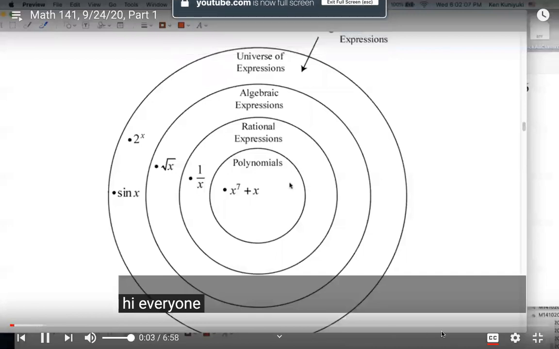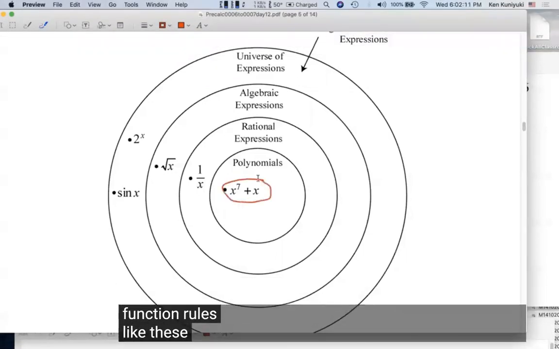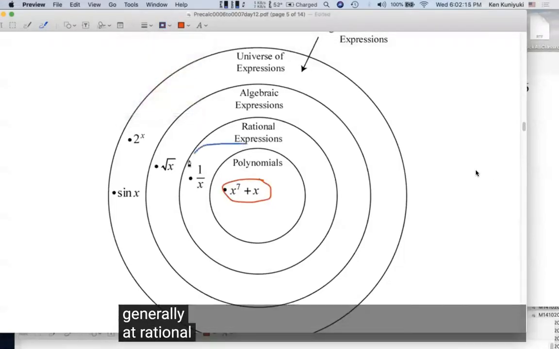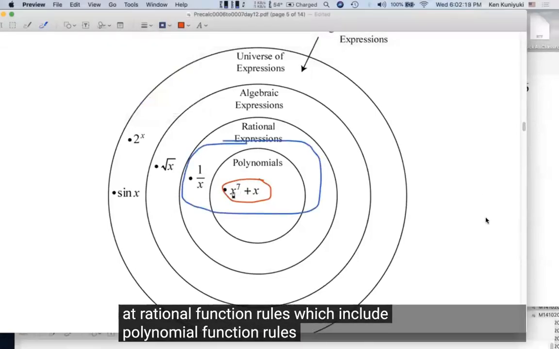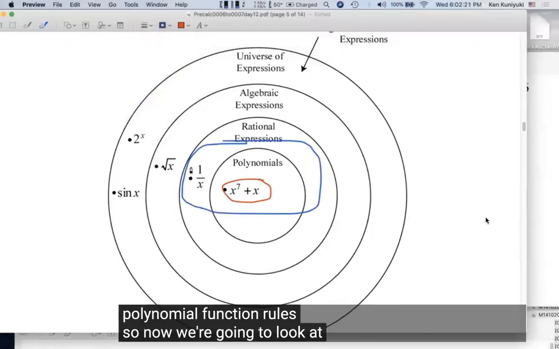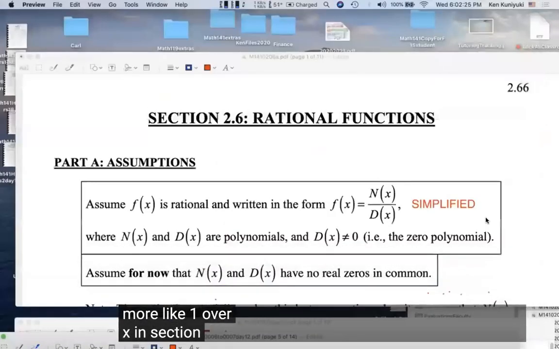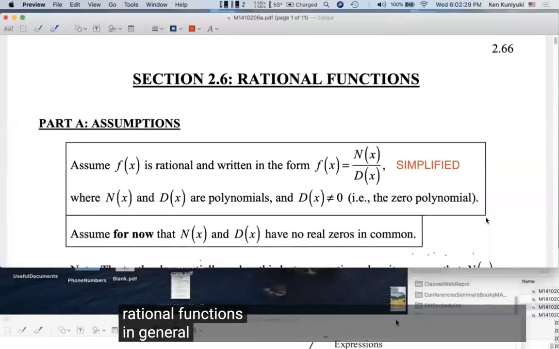Hi, everyone. So far, we've been looking at polynomial function rules like these. Now we're going to look more generally at rational function rules, which include polynomial function rules. So now we're going to look at things more like 1 over x. In section 2.6, we're going to look at rational functions in general.